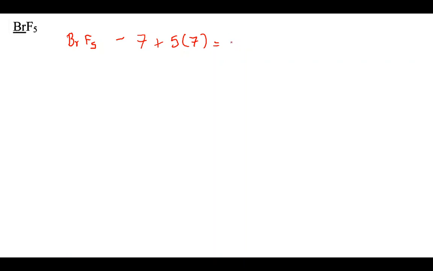That means we have 42 valence electrons to deal with. Now we have to draw it out. So Br in the center. This is a lower element in the table, beyond row 3, so it is able to violate the octet rule. So that's fine. We're going to put 5 fluorines around it.